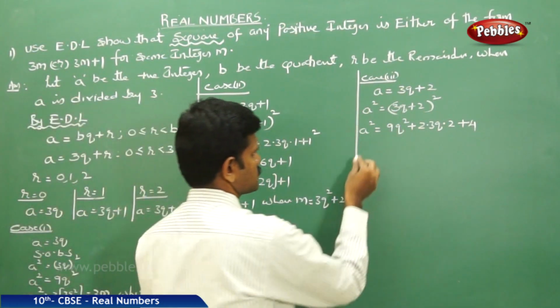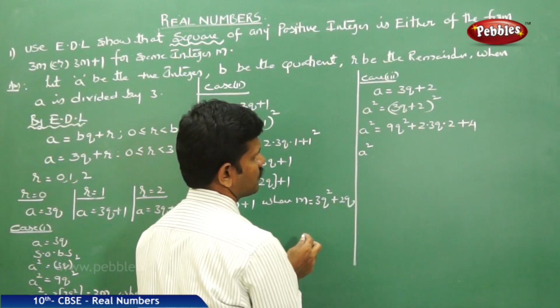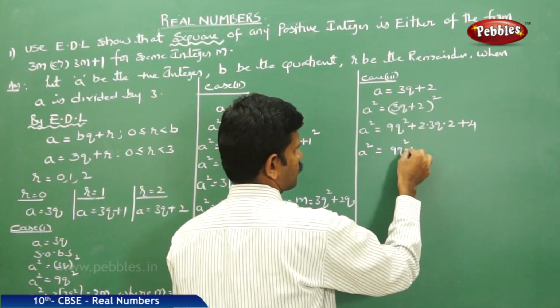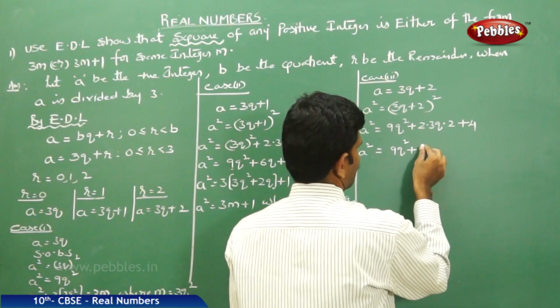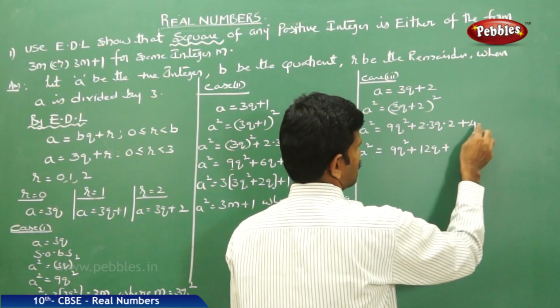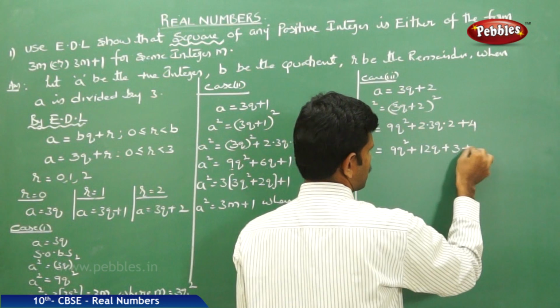That is, a square is equal to 9q square plus 12q plus 4, and this 4 I can break down as 3 plus 1.